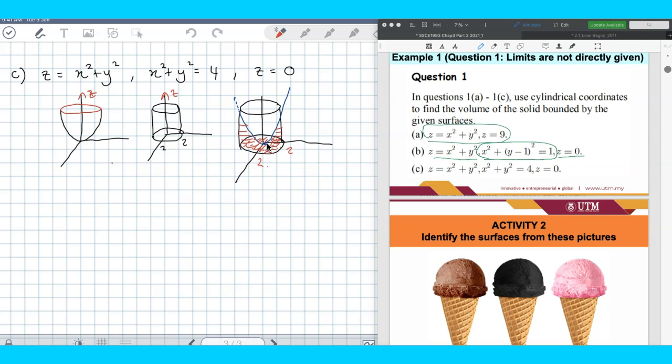If I resketch, basically part of the circle with radius 2, and you have the cylinder, and that's part of the bowl. So that is your solid that you have to evaluate the volume.